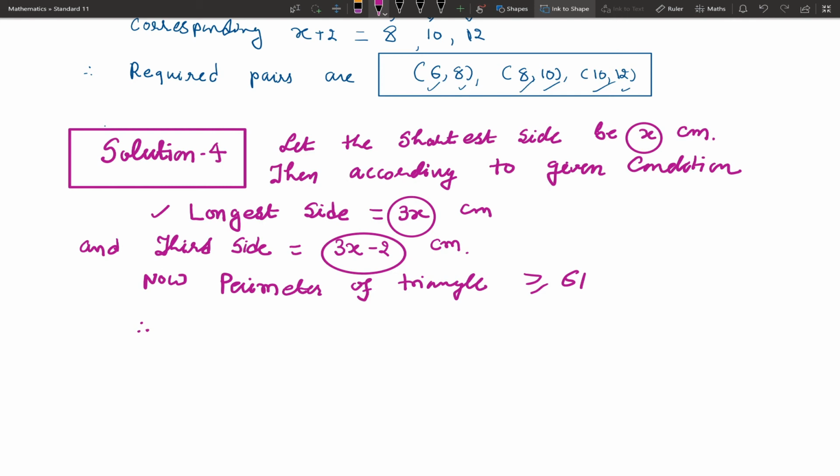So x plus 3x plus 3x minus 2, this is the sum of the three sides, the perimeter, and it is greater than or equal to 61. So 3x plus 3x plus x is 7x, greater than or equal to, transferring the 2 across, 61 plus 2, that is 63.